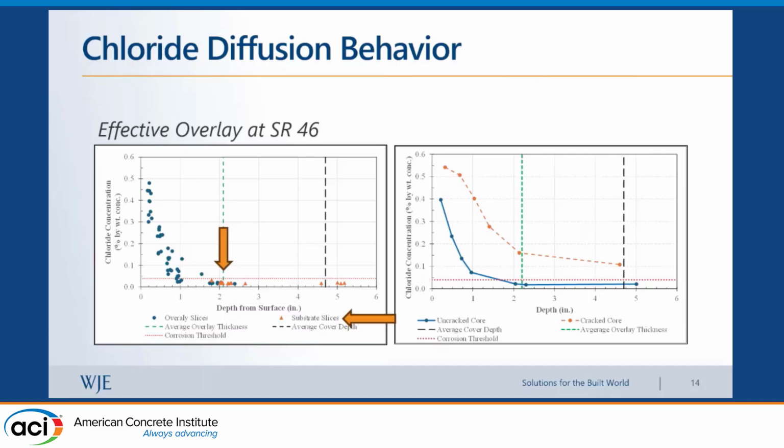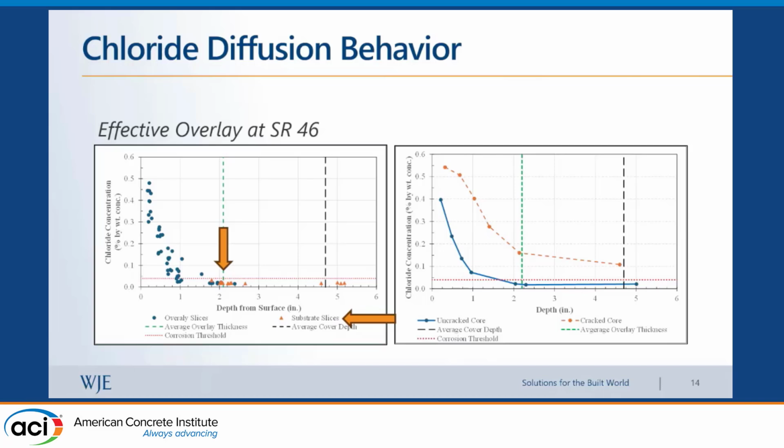So here's the data of the chloride concentration from the SR46 bridge. The data on the left here is from 10 uncracked cores that were collected from that bridge. And as you can see, the concrete was contaminated over the 1 to 1.5 inches of the concrete cover, basically within the latex modified overlay that was present on that bridge.